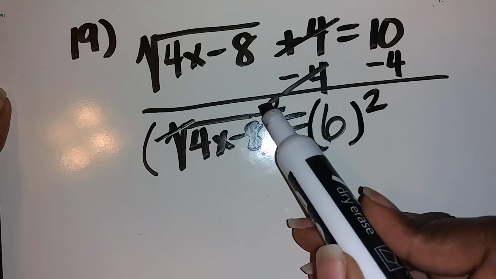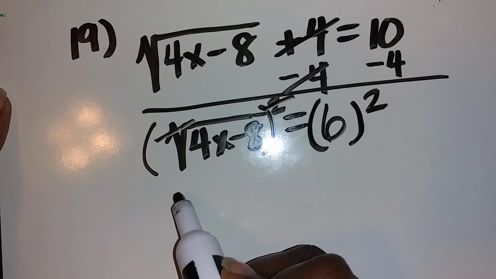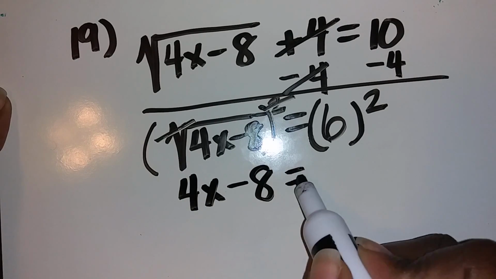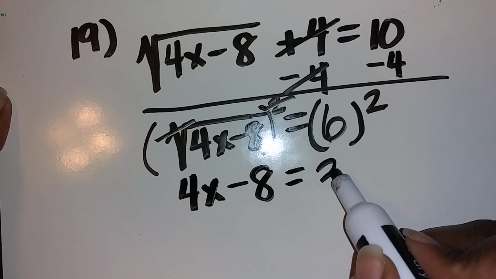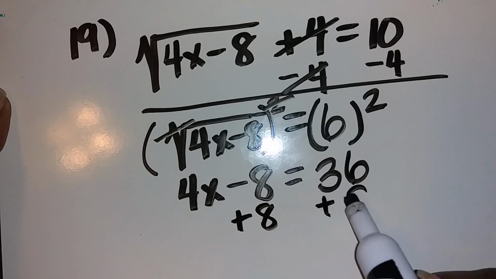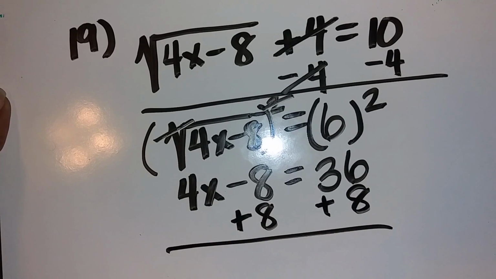To get rid of that square root, I am left with 4x minus 8 equals 6 times 6, which is 36. And we can just solve for x now. So add 8 on both sides of my equation. And of course, you have your calculator handy. Add it up right quick or just apply those mental math skills.